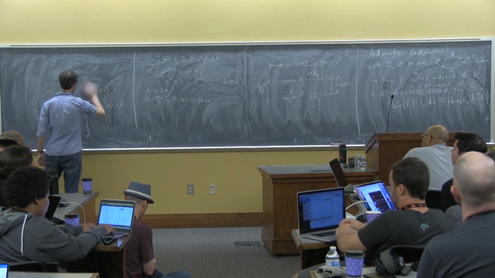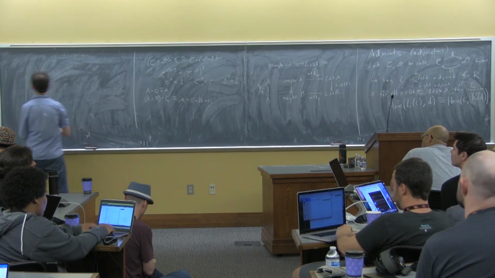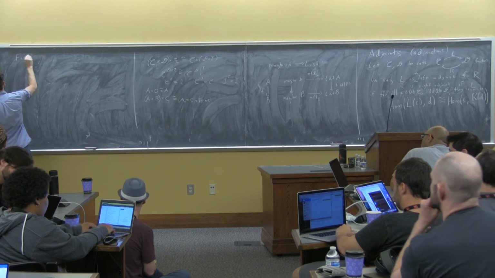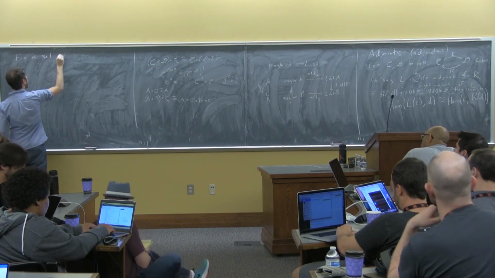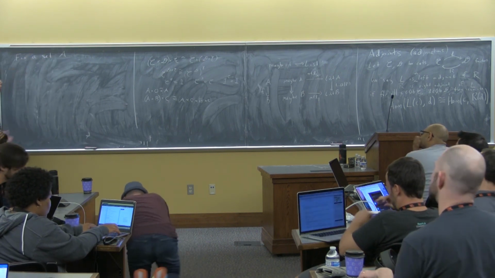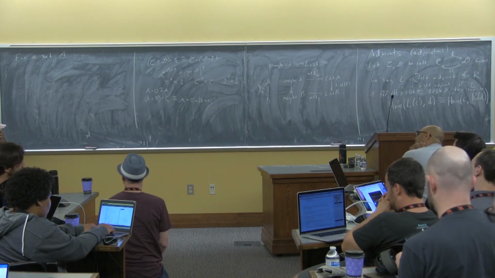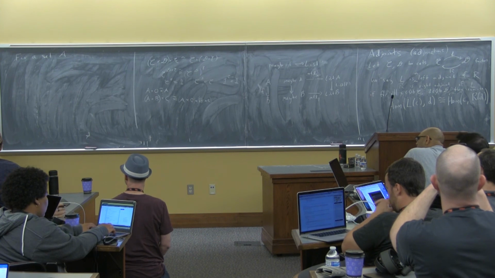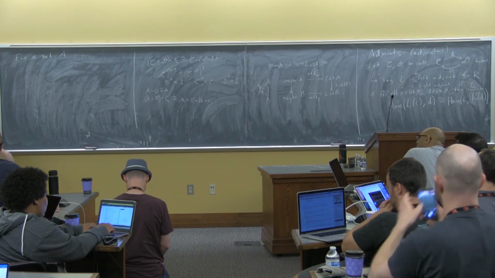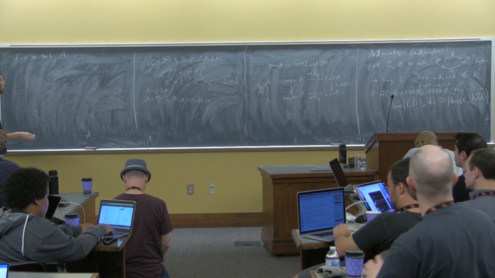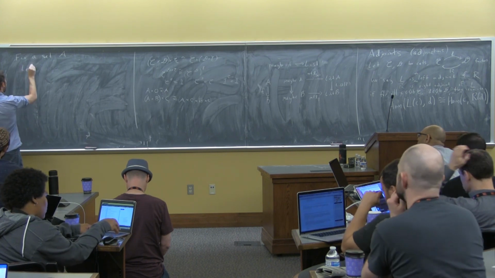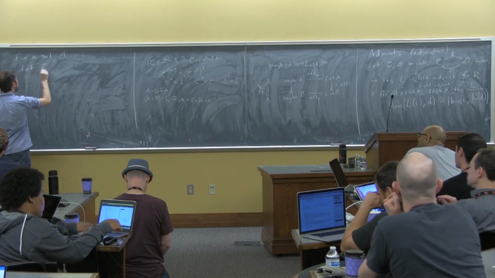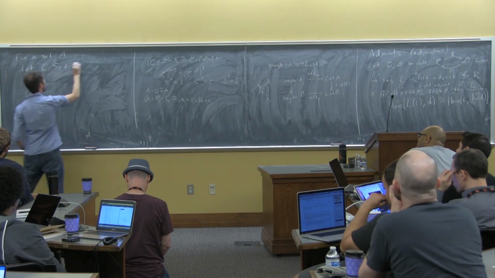So in Set, fix a set A, or in Haskell. This really works best in Haskell, though you could think of Haskell. We're going to do currying as an adjunction, currying and timesing. So L and R are functors from Set to Set.